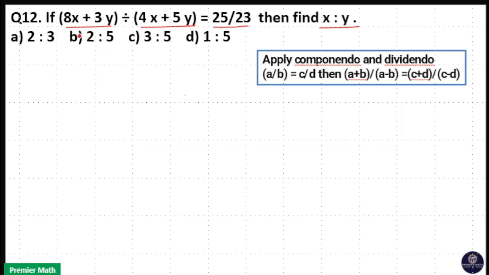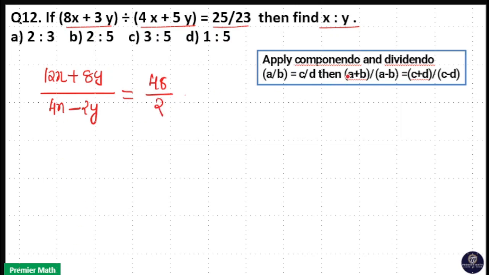So here 8x plus 4x is equal to 12x, and 3y plus 5y is equal to 8y, divided by 8x minus 4x is equal to 4x, and 3y minus 5y is equal to minus 2y. Then add the terms together, that is 25 plus 23 is equal to 48, and 25 minus 23 is equal to 2.